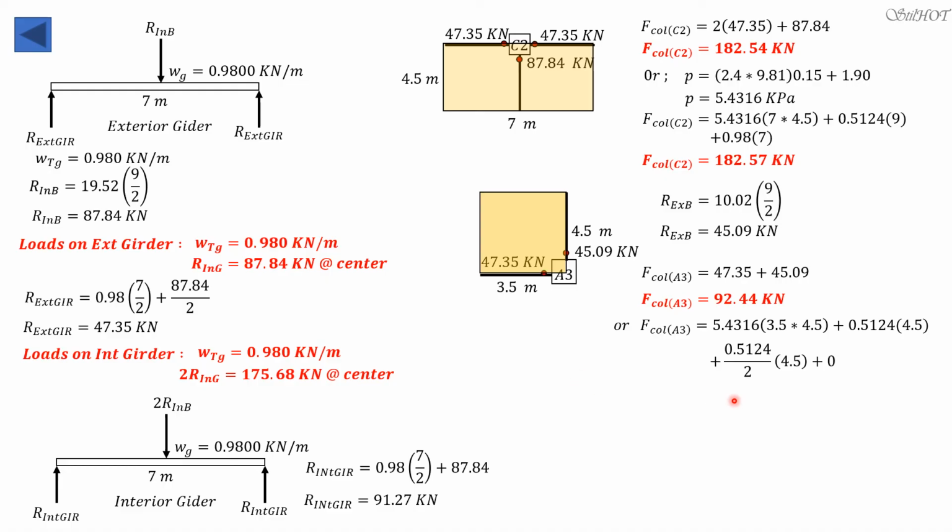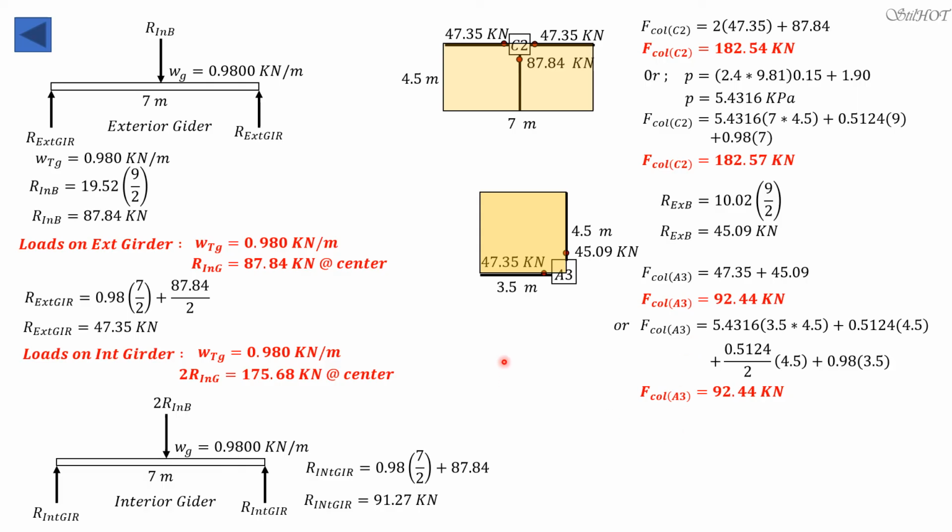So plus 0.5124 over 2 times 4.5. I hope you got the idea. You look at the original figure so that you can analyze it well. Then plus the weight of the girder. This is a girder and the length is 3.5, so 0.98, the uniform weight of the girder, times 3.5. Computing that value, it is equal to 92.44.